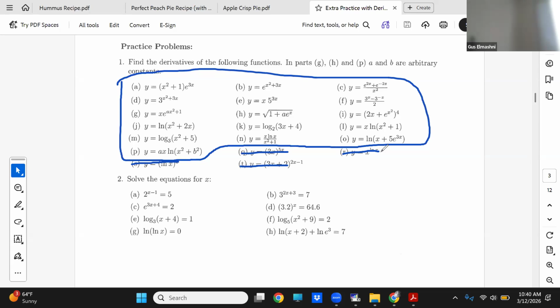Six? Does that actually use the power rule? No, actually, one would be.